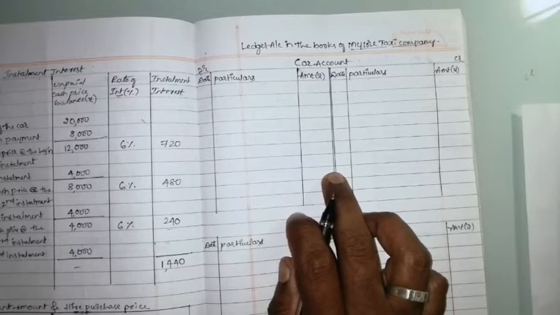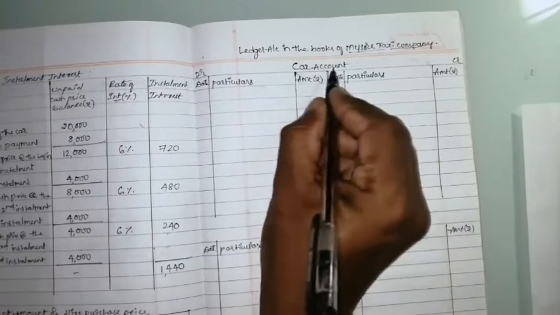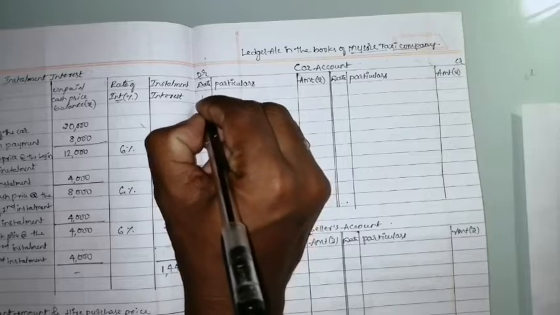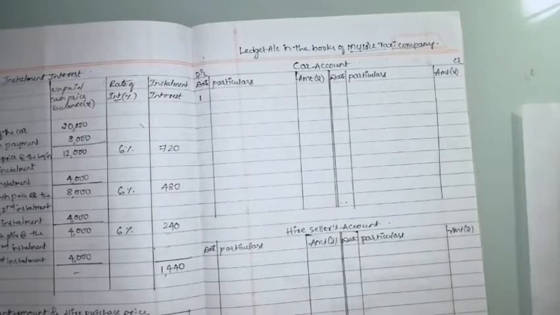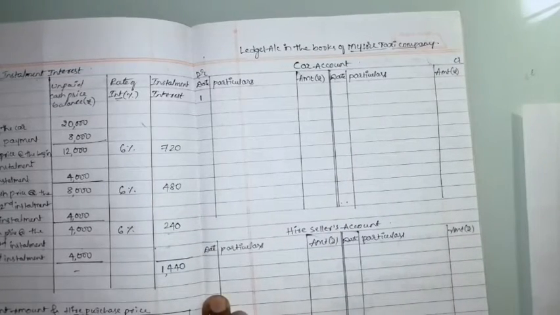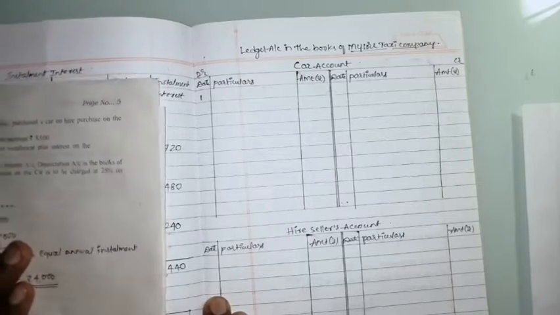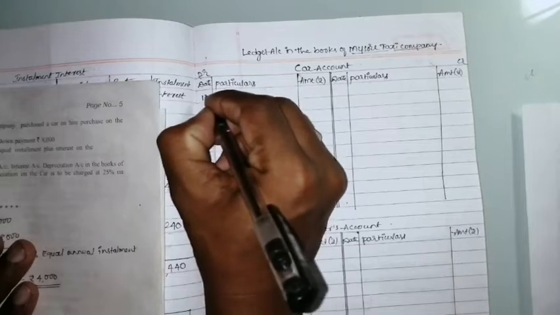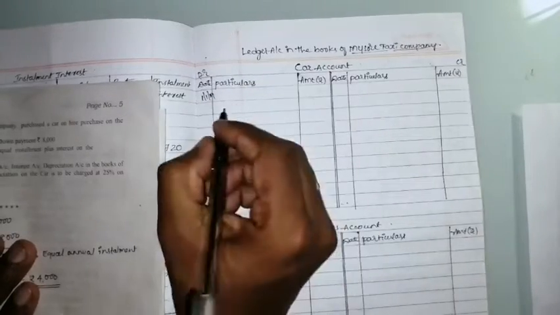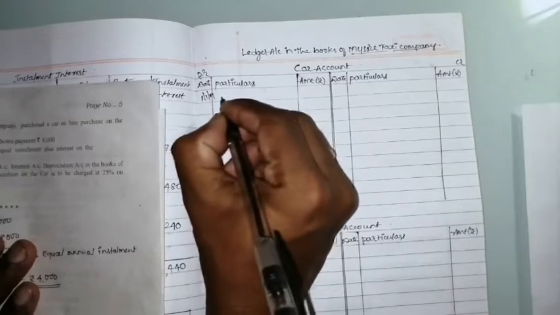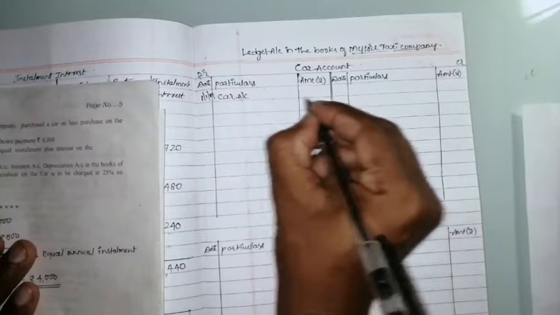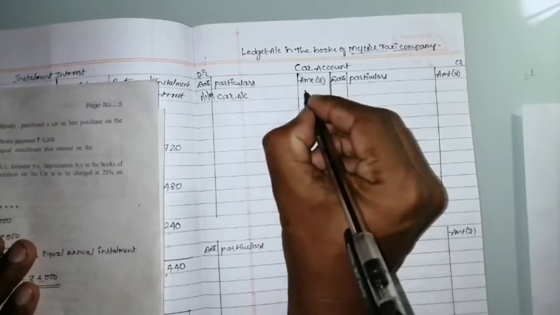Car account debit to hire seller account on 1st January 2009, the asset is taken, right? So car account, how much? 20,000.